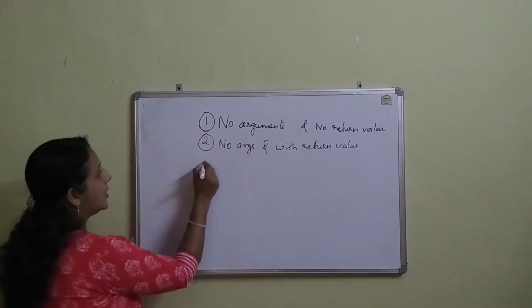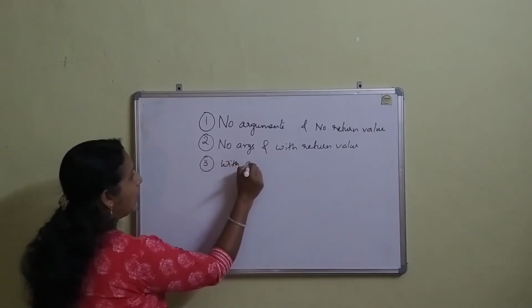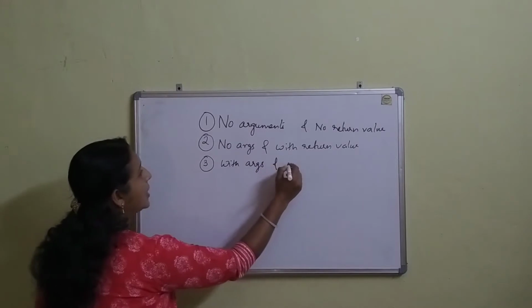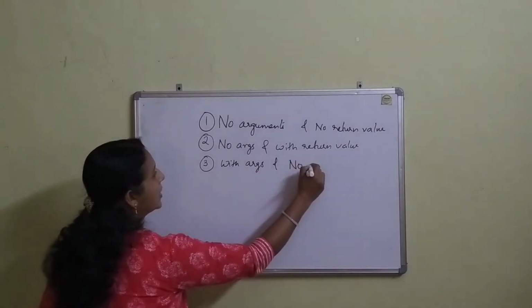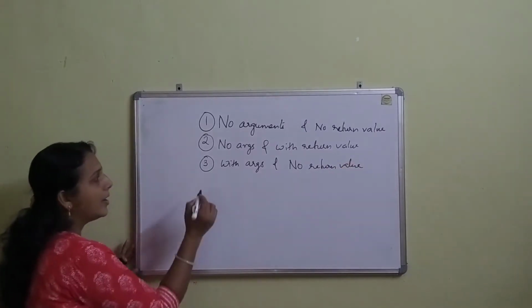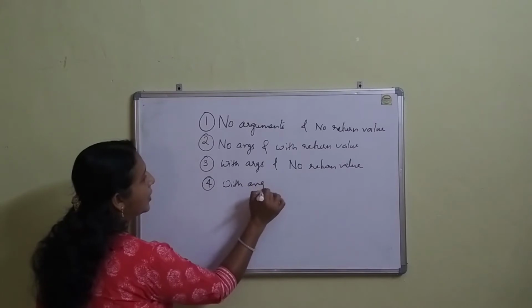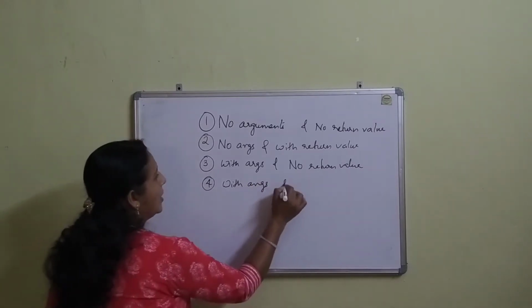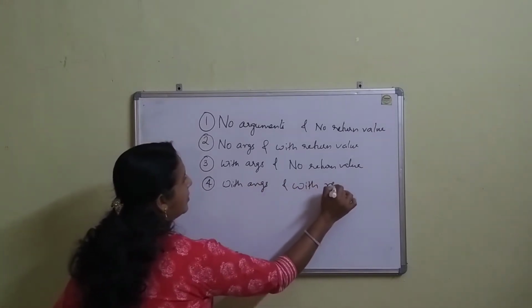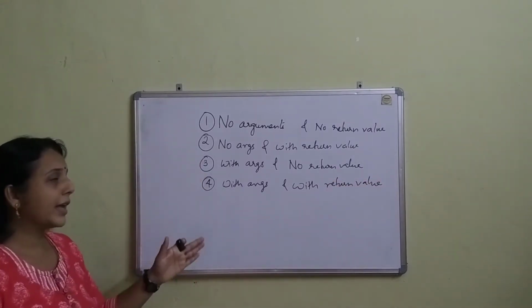The third category is with arguments and no return value: it takes some arguments but gives no return value. The fourth is with arguments and with a return value. So these are the 4 categories.